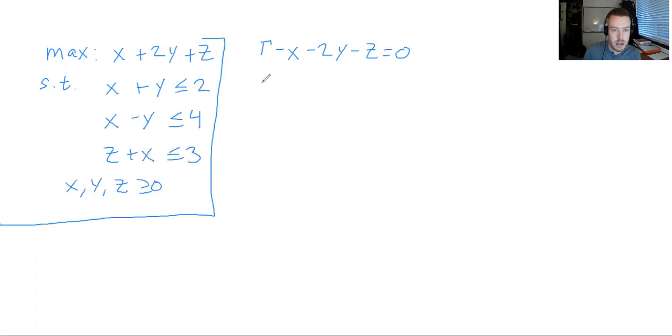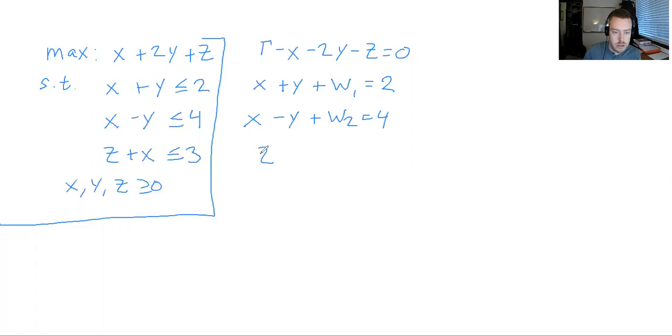Then for the second one, we're going to do x plus y, and then add in a slack variable. We'll call it w1. It's going to pick up the slack for the inequality so that we can use an equality there. So x plus y plus w1 is equal to 2. Next is x minus y plus w2 is equal to 4.